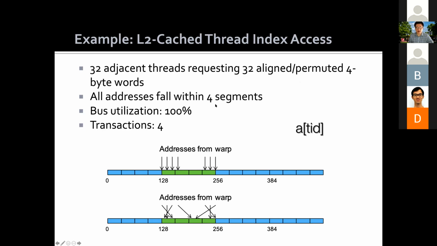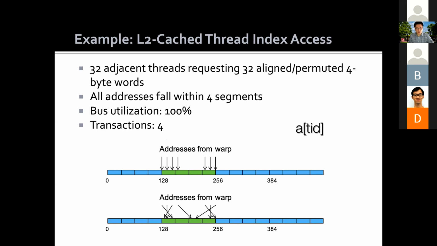If we assume 32 bytes per transaction, starting from 128 you would only need 4 transactions, because each transaction is 32 bytes and 32 times 4 is 128. You also need to read 128 bytes, so all the data read by the 4 transactions will be used in the calculation.